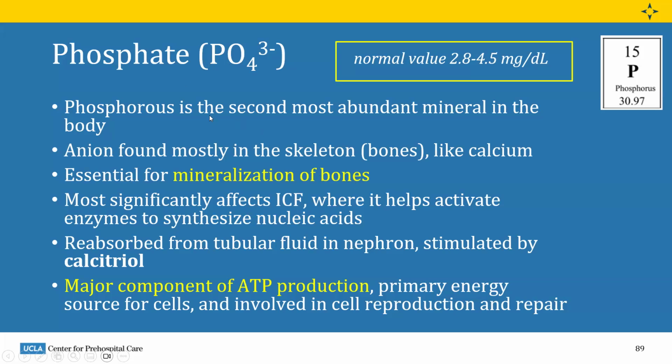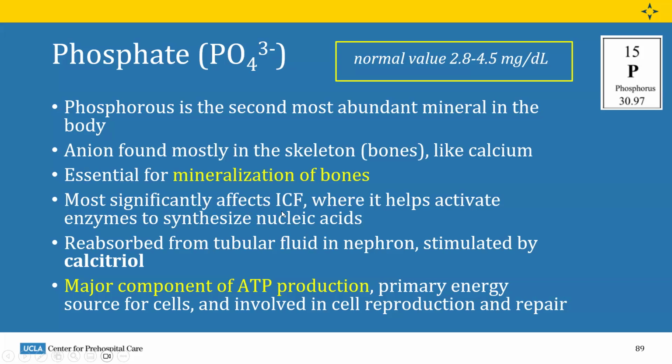is really important. Phosphorus is the second most abundant mineral in the body, second to calcium. We also find it in our bones. So our calcium and phosphorus are really important for the extracellular matrix, forming the supportive structure of our bones.